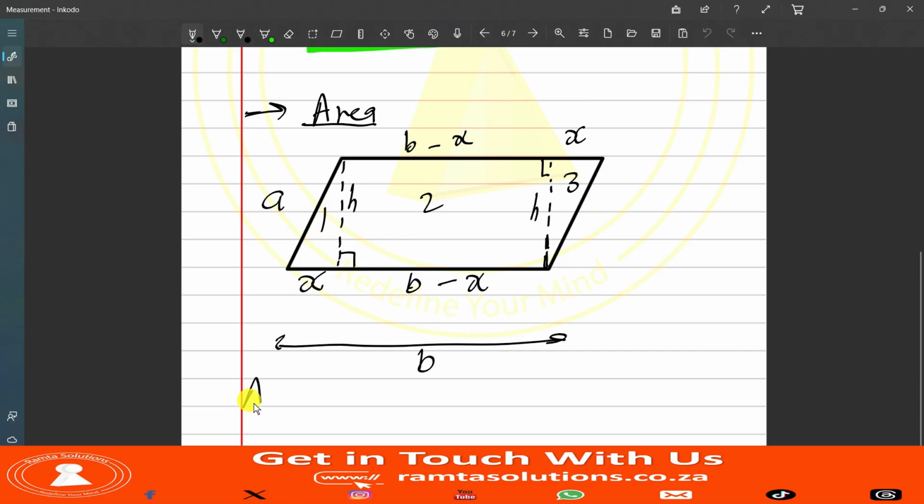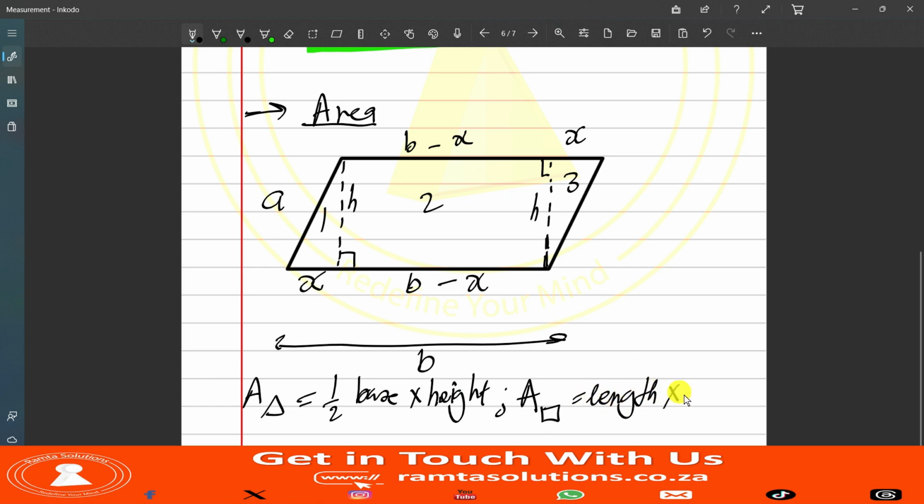We know that area of a triangle is half base times height. Right? And we know that area of a rectangle is length times breadth. Right? Cool.